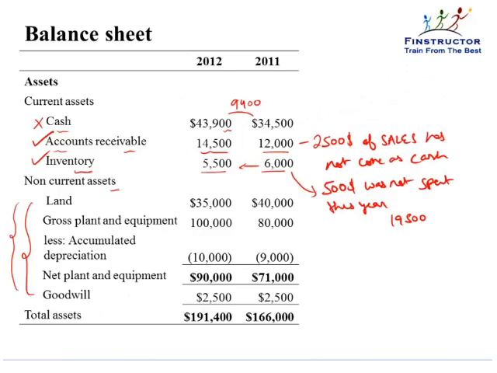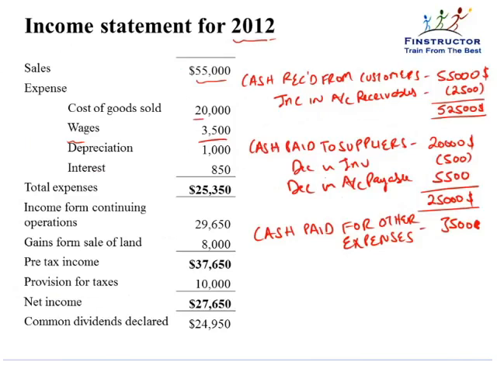So the cash paid for other expenses has to be decreased to this extent, that is the increase in wages payable to the extent of $3,500, or the actual cash paid for other expenses was 0. Because we were supposed to pay $3,500, but we didn't pay anything. That's why the entire wages payable went up by $3,500.